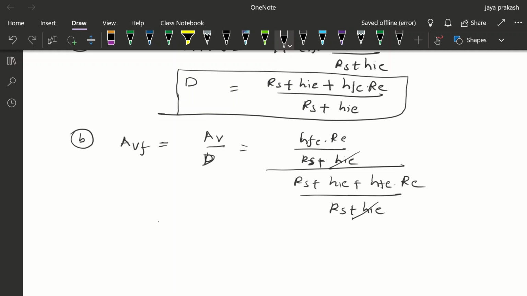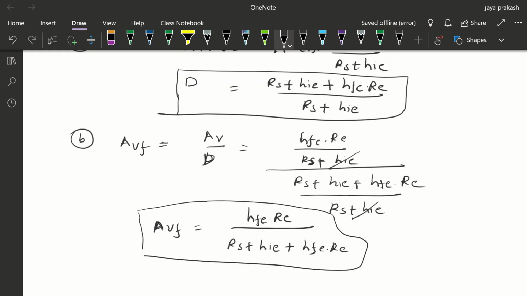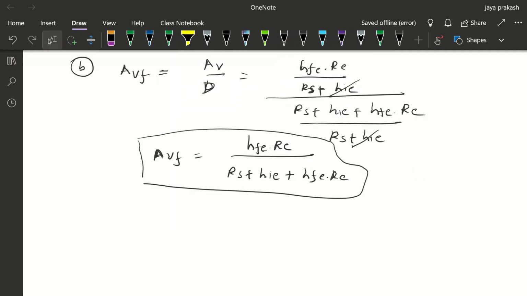RS plus HIE will get cancelled. Hence, gain with feedback AVF is equal to HFE into RE divided by RS plus HIE plus HFE into RE. So we found the gain with feedback also.